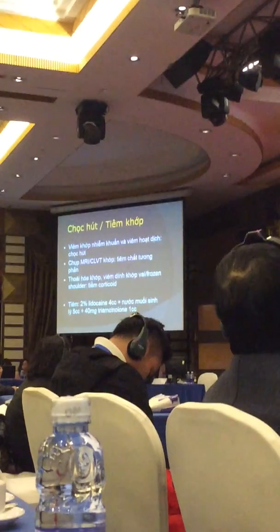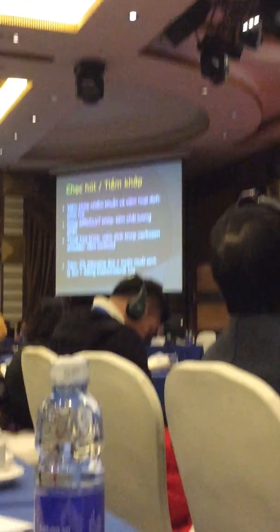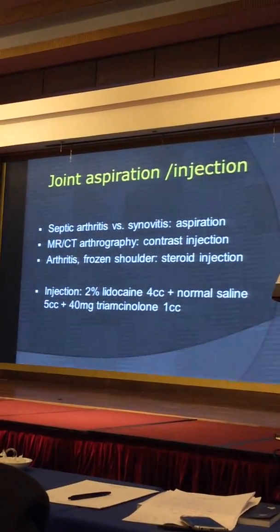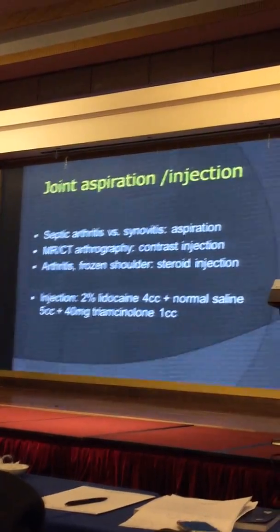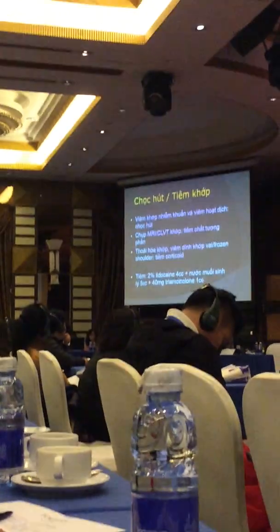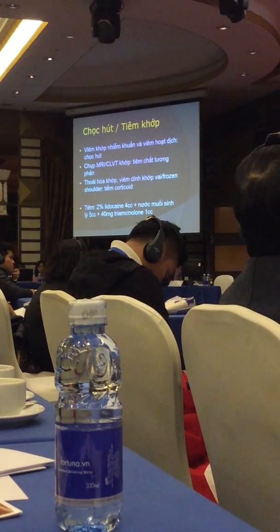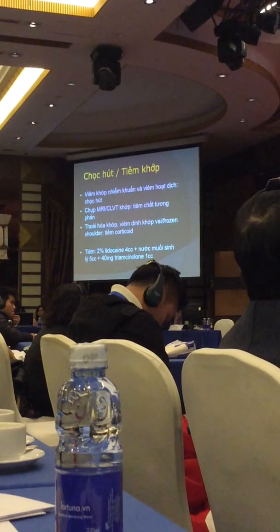Joint aspiration and injections can be done in cases where you suspect septic arthritis, to differentiate between septic arthritis and transient synovitis. For MR or CT arthrography, you can use ultrasound for contrast injection. And for arthritis and frozen shoulder, you can inject steroids.